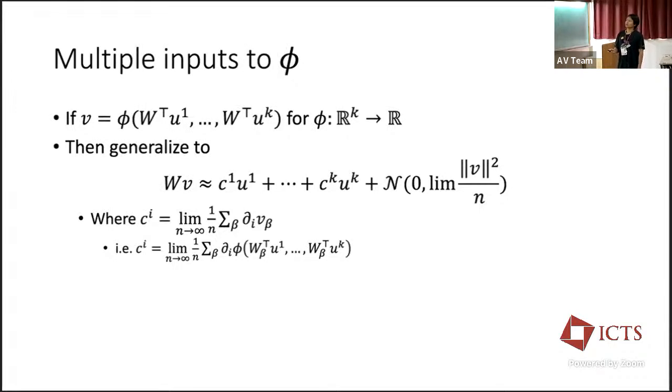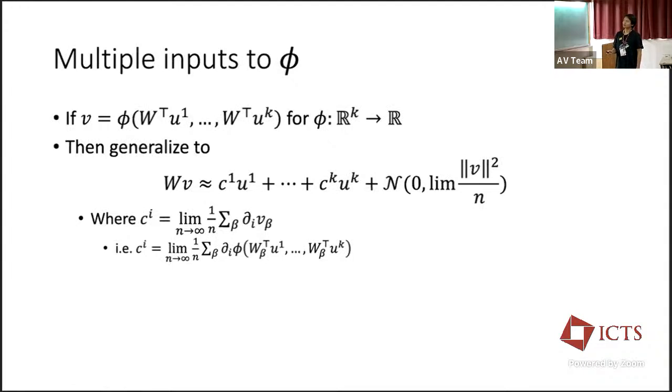So again, a priori, this term could be very complicated, where it's not even additive between the first part, the correlated part, and the non-correlated part. But somehow these are actually additive, and in fact, the correlated part is a linear combination of these vectors U1 to UK that went into W transpose. So the precise formula is similar to before.